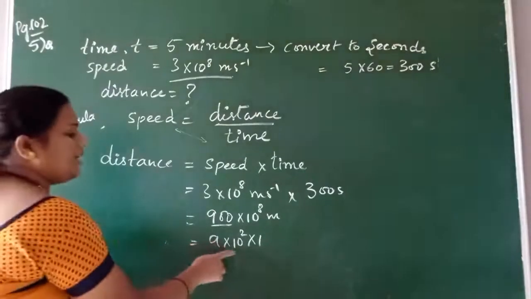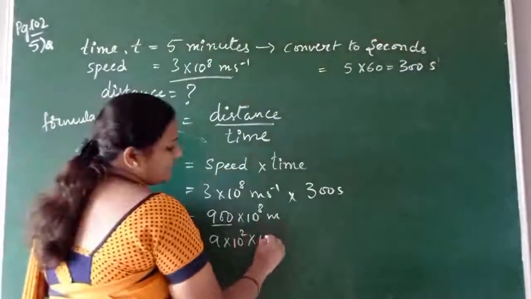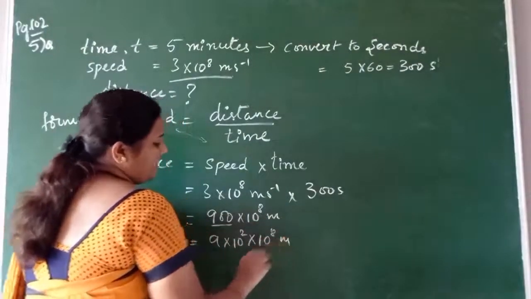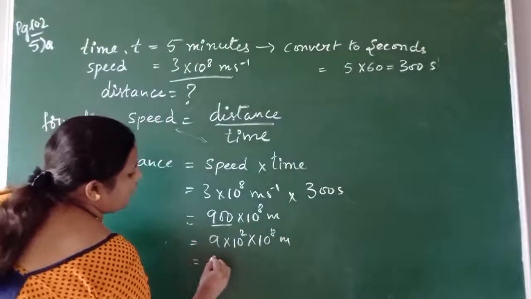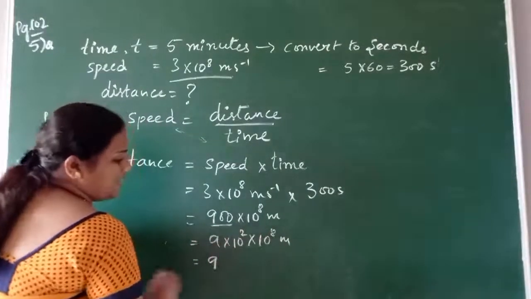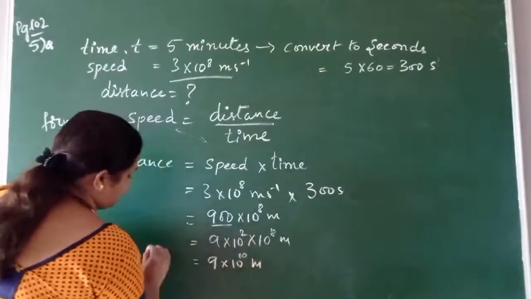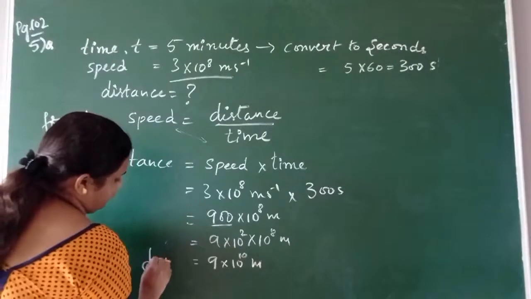So 9 into 10 to the power of 2 into 10 to the power of 8 meters. Add the exponents, children: 2 plus 8, how much? 10 to the power of 10 meters is the distance.